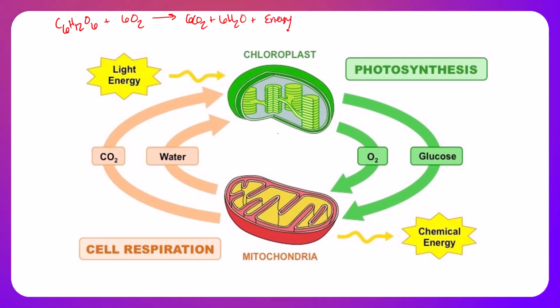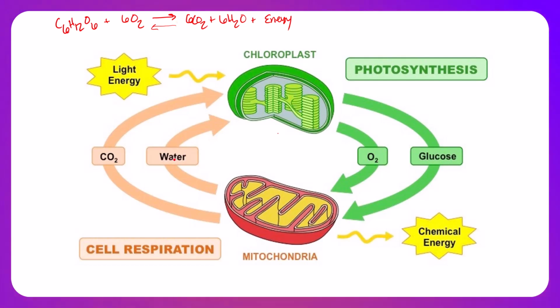That is the cell respiration equation. And if we were to switch the arrow, then all of a sudden it would be the photosynthetic pathway, right? Because photosynthesis, as you recall, is plants take in CO2 plus water plus light to produce glucose and oxygen. So these are inverse processes to each other.